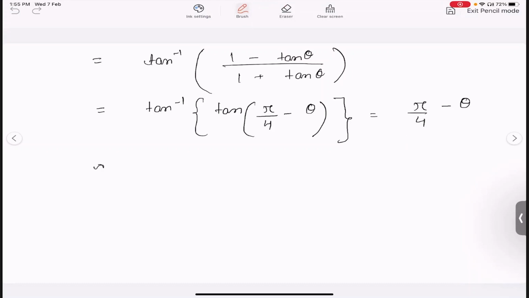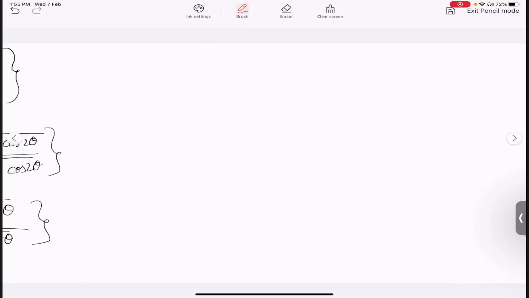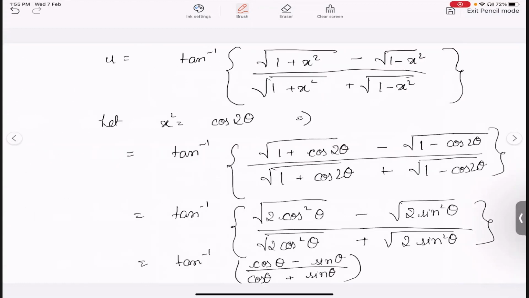Now du by dx, we have to substitute this thing: theta is equal to cos inverse of x square by 2.